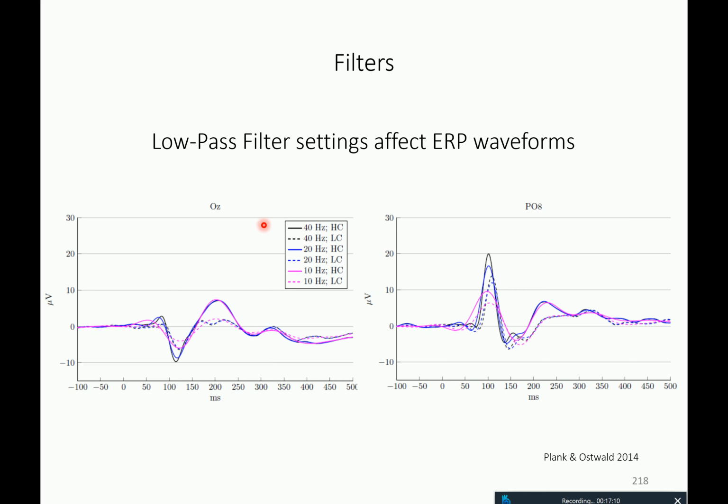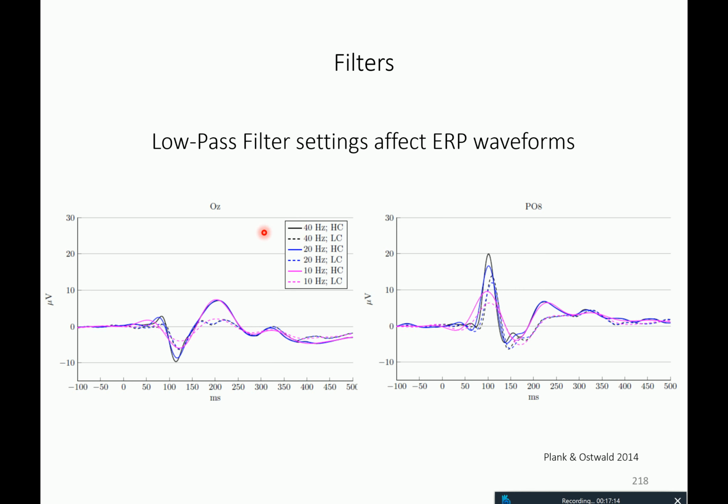Standard low pass filters for EEG data are set to 40 hertz, so that you basically mask out all electrical ambient activity. But then of course you also cannot say something about 50 hertz oscillations or gamma oscillations in the brain.